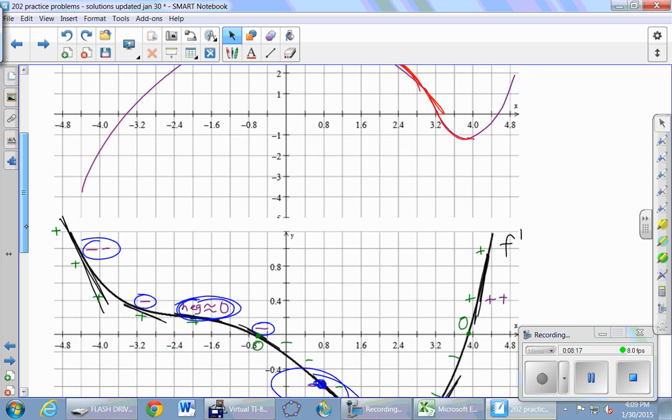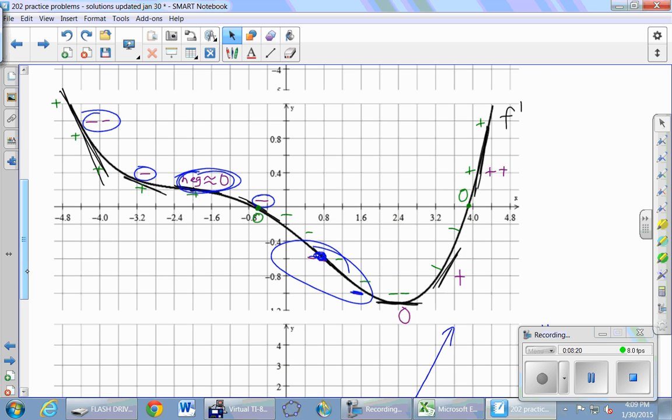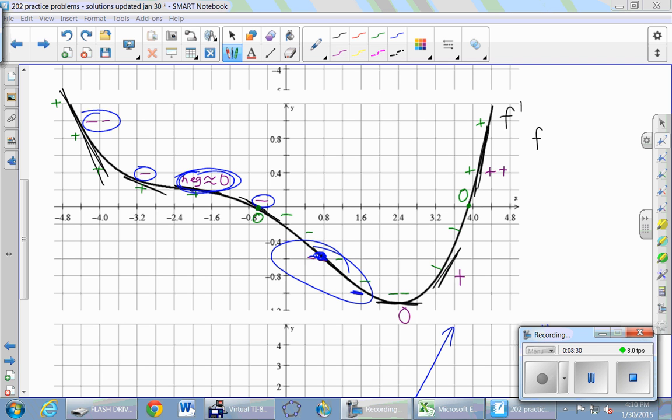One of the things we saw in class was that anytime f prime is decreasing, the original function is concave down. So we'll write that. If f prime is decreasing, then f is concave down. We saw that in class.